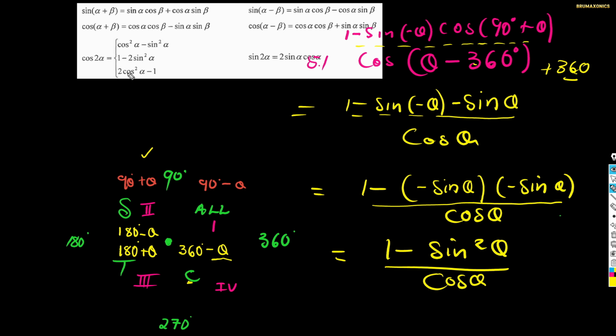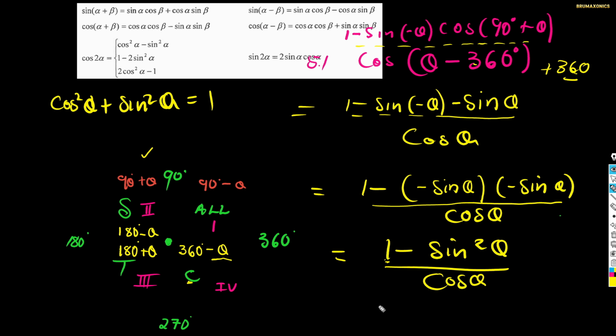So if we cannot find anything from the double angle identities, you can try cos squared of theta plus sine squared of theta, which is equal to 1, and substitute it here, right? So that's why we do have this one, so we can try it.